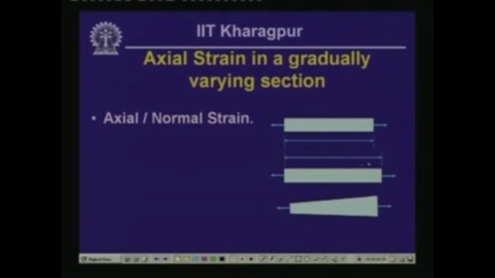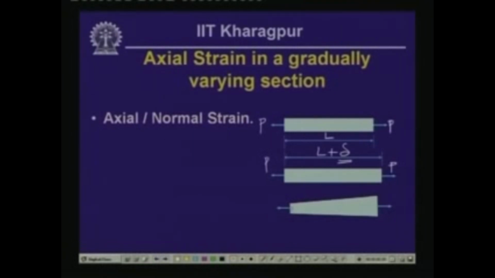Now, in the previous lesson we said that if we apply an axial pull P on a bar, it undergoes deformation, and from its original length L it becomes L plus delta, and this extension delta we had seen how to compute.